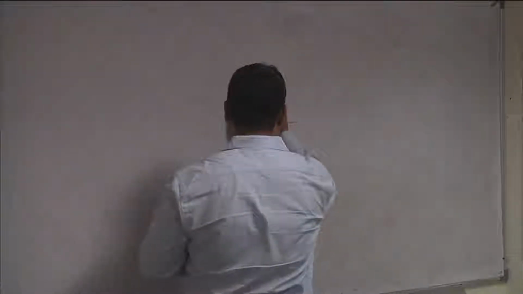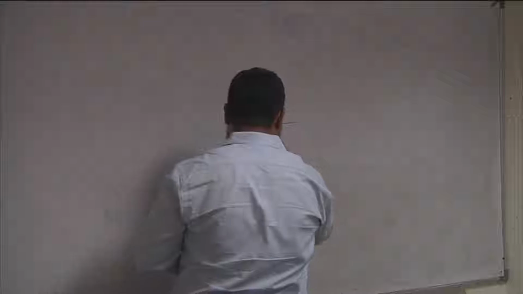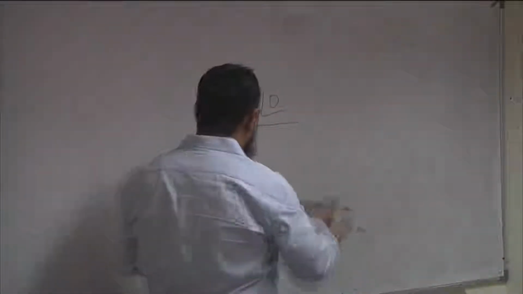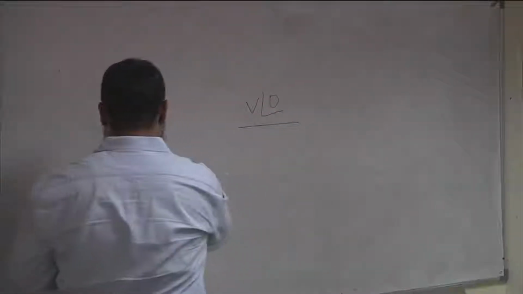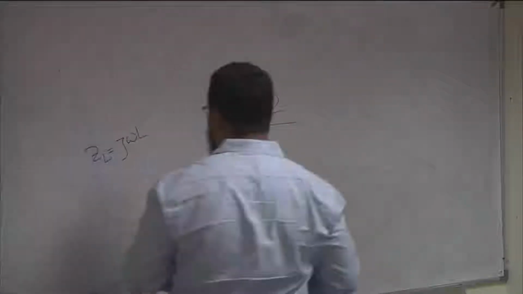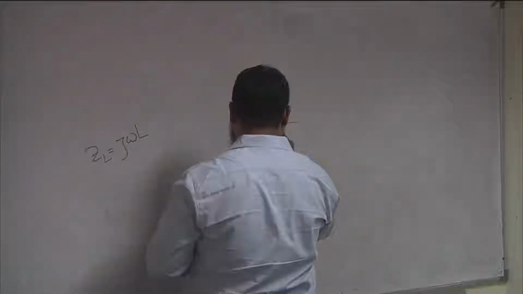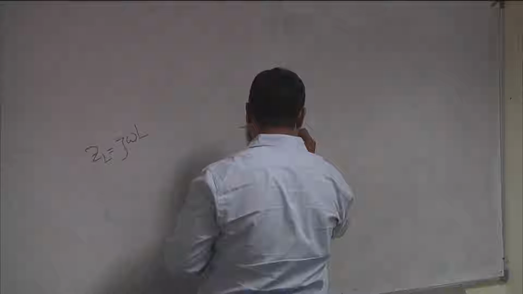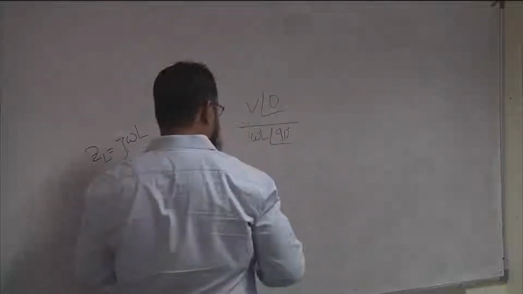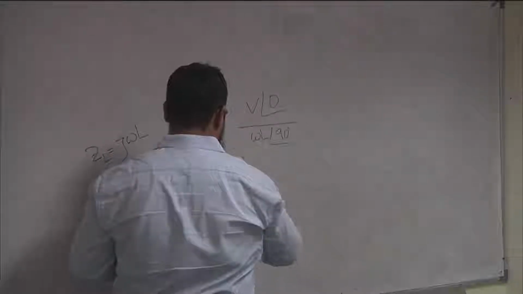Okay, let's write down the voltage: V with an angle of 0. Remember, ZL was equal to j omega L. So in polar form, it's omega L with an angle of positive 90 degrees.